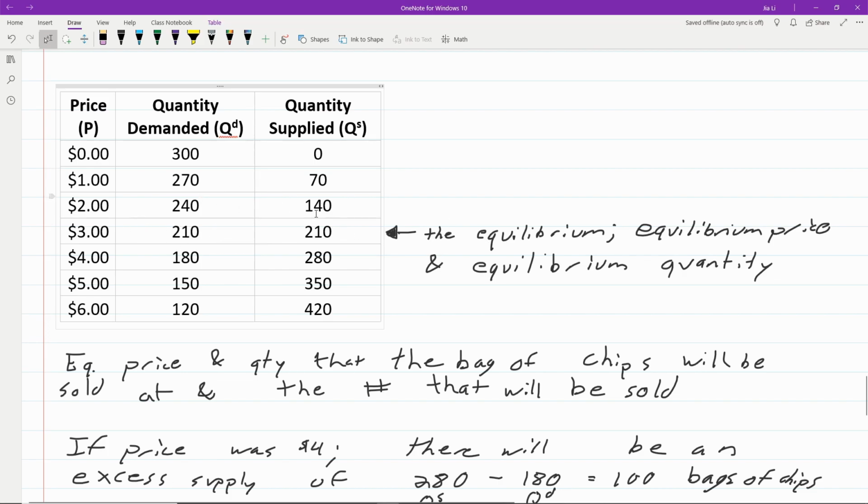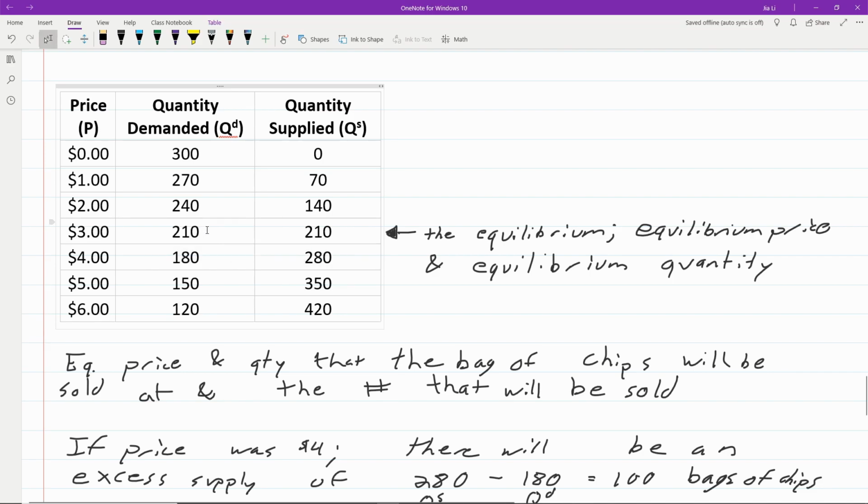They don't want to have that shortage situation going on. And if quantity supplied is bigger than quantity demanded, then there's an excess supply, where the store wasted some amount of money buying extra products that they didn't end up being able to sell to their customers. So they want to lower the price.